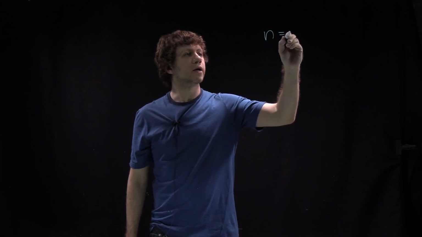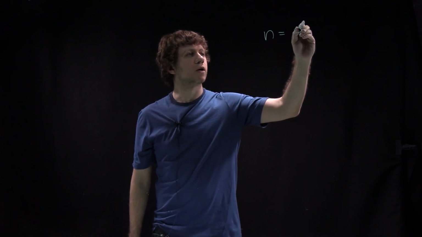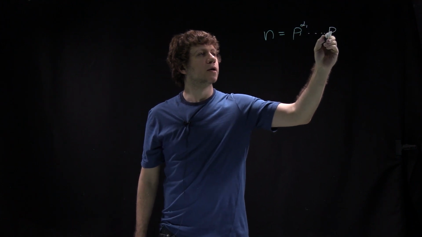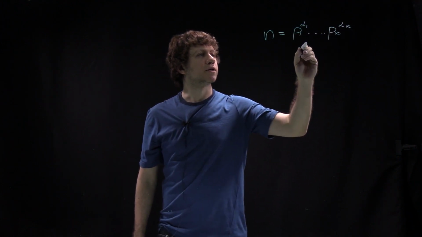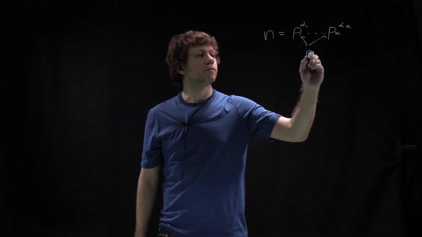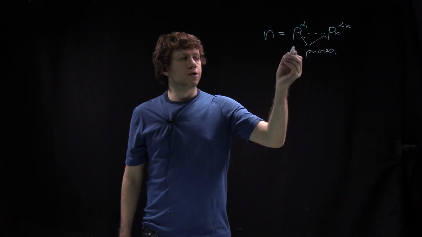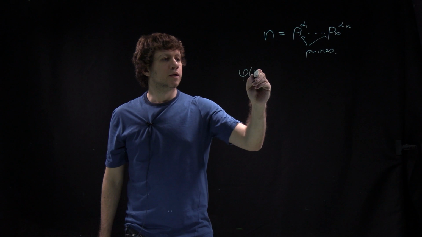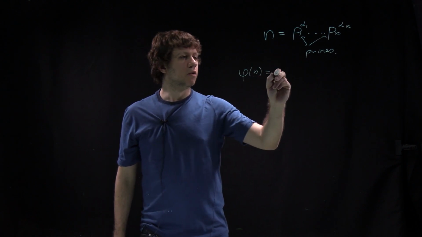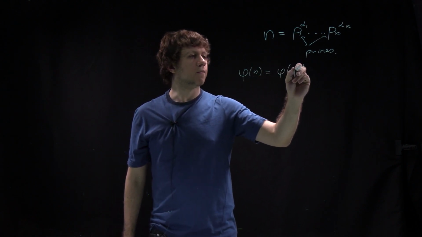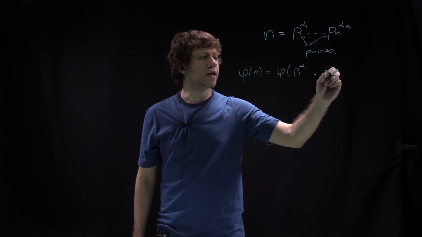Let's take n equal to p1 to the power alpha 1 times ... times pk to the power alpha k, where these are distinct primes. So then phi of n equals phi of p1^alpha1 times ... times pk^alphak.